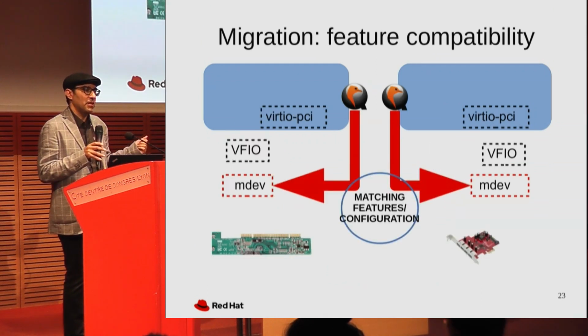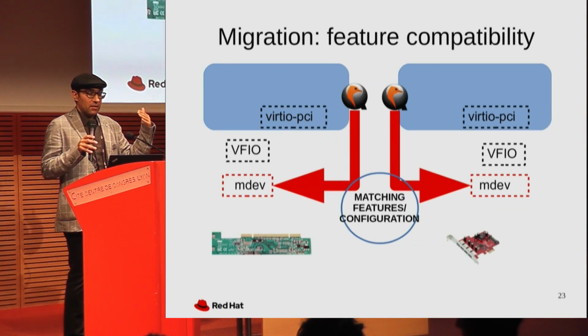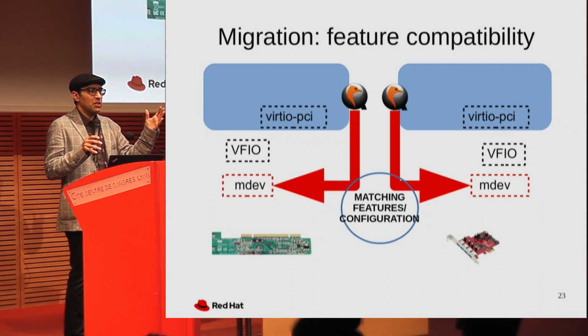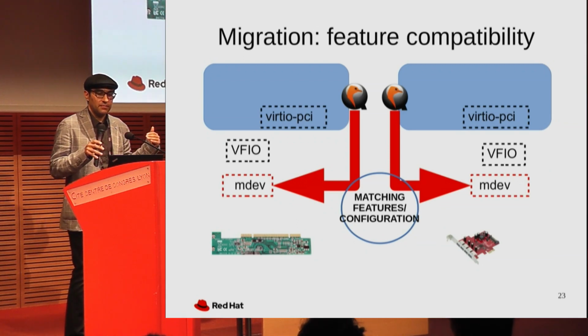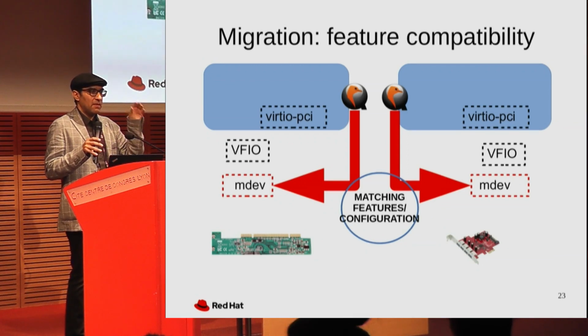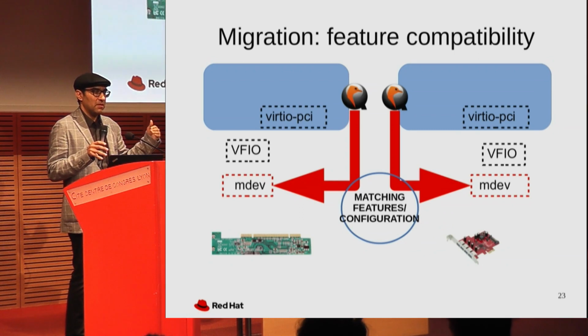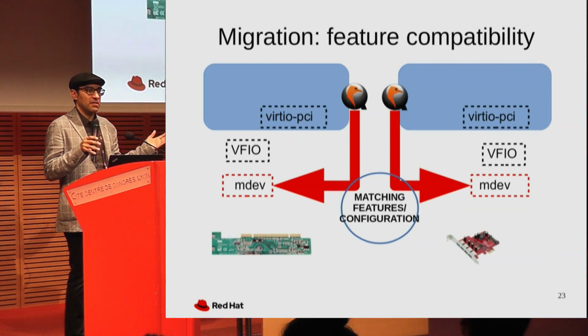Another use for mdev is for migration. If you're going to move a guest between VMs running on two hosts, they have to appear exactly the same to the guest. One way to do this would be to have the mdev controlled from QEMU, for example, and then you force it to a subset of features that can work on both the source and the destination.